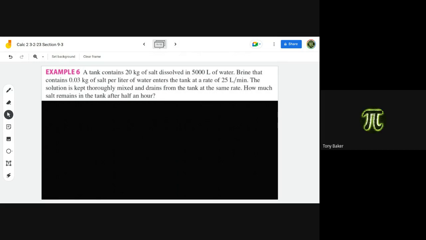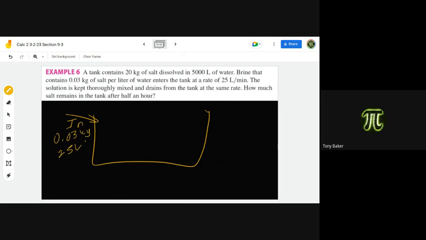So think about it this way. We have a pool. This is my in, and it's 0.03 kilograms at 25 liters per minute. It's being mixed in here.